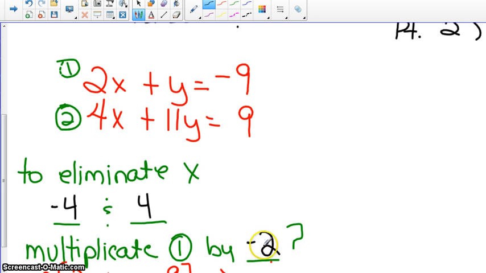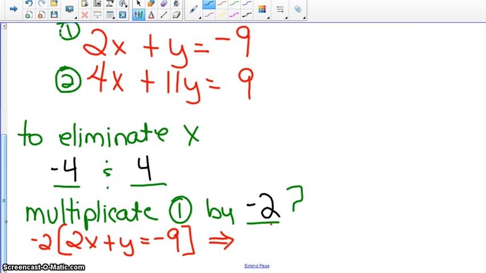Alright, so what I'm going to do is take -2 and multiply it times that whole equation in number 1. So it looks something like this. And then I can rewrite it as -4x minus 2y equals -2 and -9 would be +18.